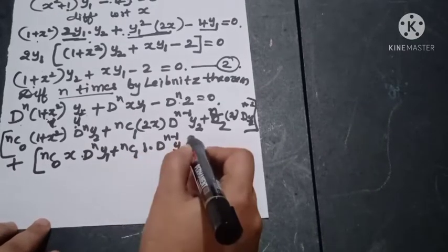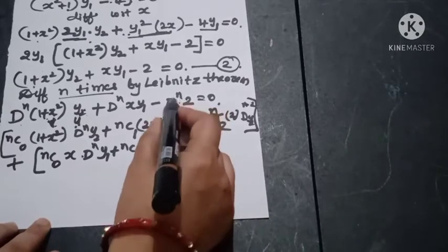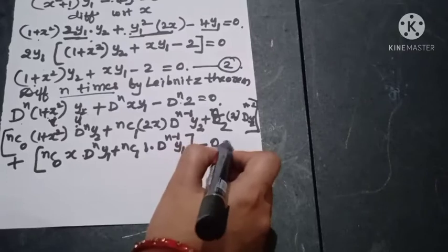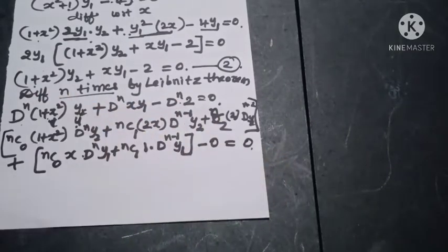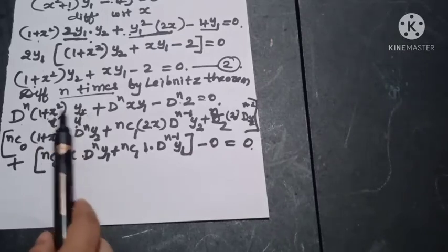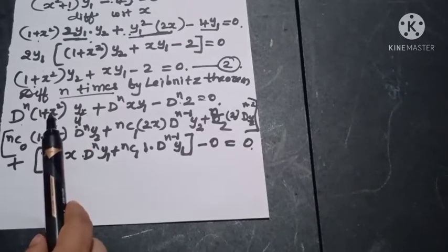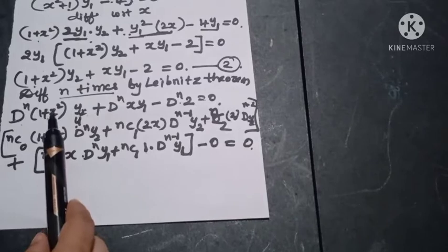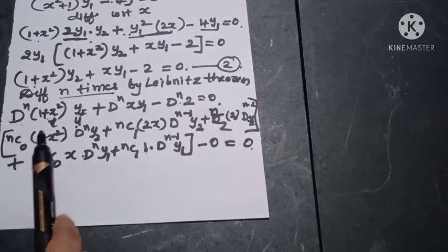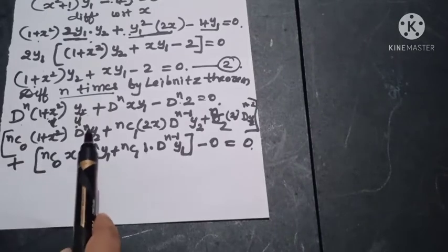So till then we have to expand, minus differentiation n times of a constant is 0, which is equal to 0. So what Leibniz theorem says is, 2 functions are there, choose the function which vanishes or goes to 0 as v function, nC0 v function dn yn.